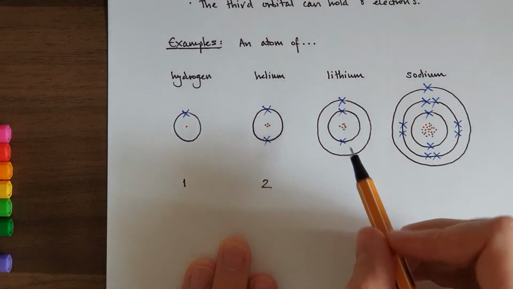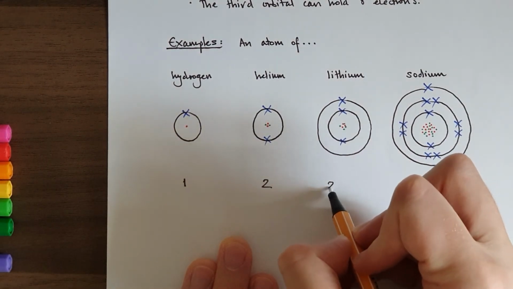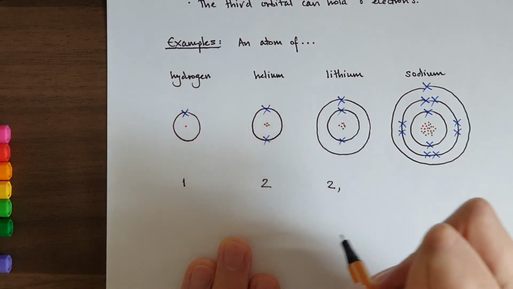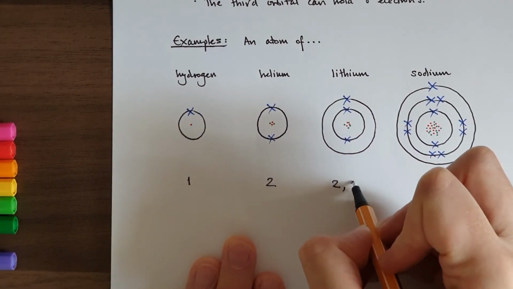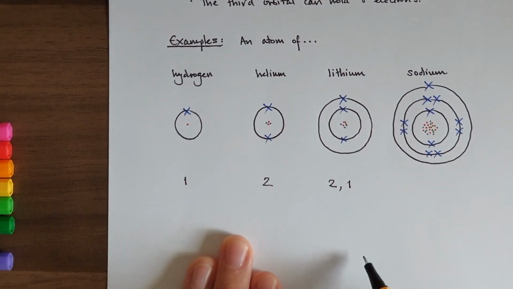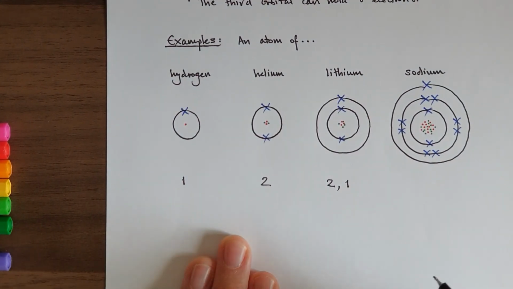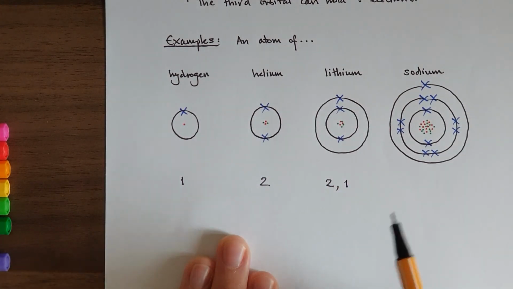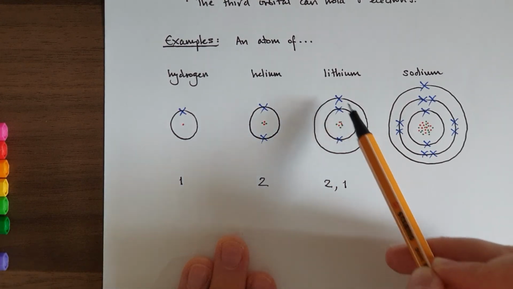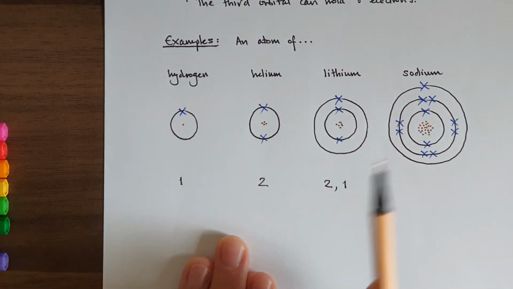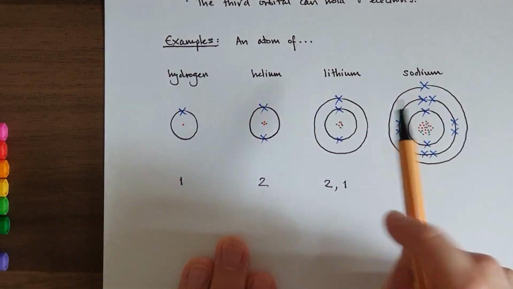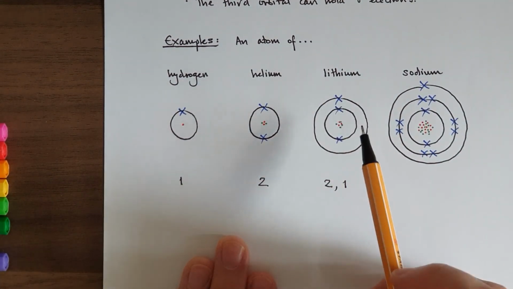Moving on to lithium though, we have 2 electrons in the first orbital, and even though we have 3 electrons in total, the third one is not in the same shell. So just writing 3 for electron arrangement wouldn't really tell us where that electron is, and that's very important because this electron is now what we call an outer electron. In terms of reactions, in terms of actual chemistry, it's this electron that's going to be very important because it's on the outside.